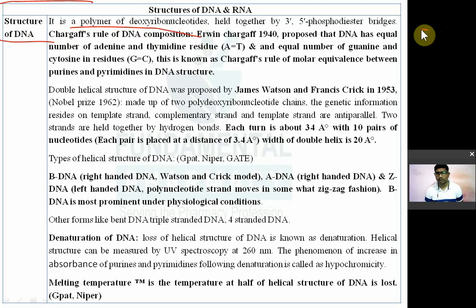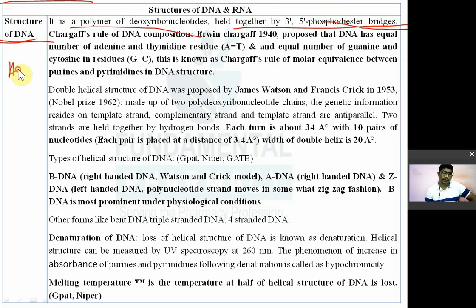These deoxyribonucleotides are held together by, मतलब वहाँ पे कौन सा बॉन्ड फॉर्म होता है, bond between two nucleotides, that is nothing but 3'-5' phosphodiester bond. ठीक है, phosphodiester bond मतलब क्या है, एक न्यूक्लियोटाइड का 3' है और दूसरे न्यूक्लियोटाइड का 5' है. तो इन दोनों में phosphodiester bond फॉर्म होगा, that is known as a polymer of deoxyribonucleotide held together by 3'-5' phosphodiester bridges in the DNA.